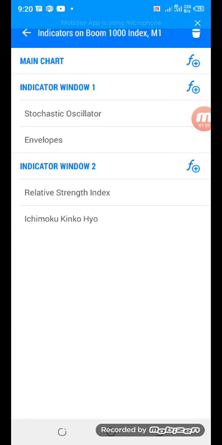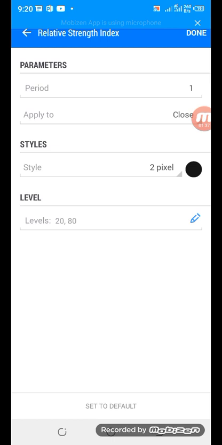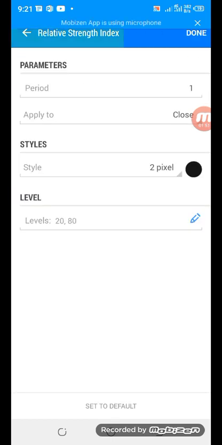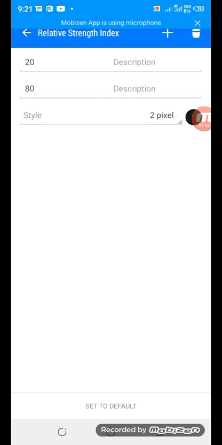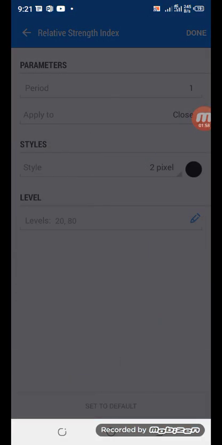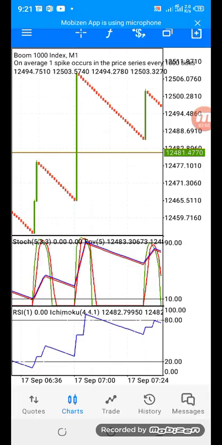And for the second window, we apply our relative strength index, which is 1, and the levels are 20 and 80. After you have applied that, we add our Ichimoku indicator, which is 4, 4, 1.